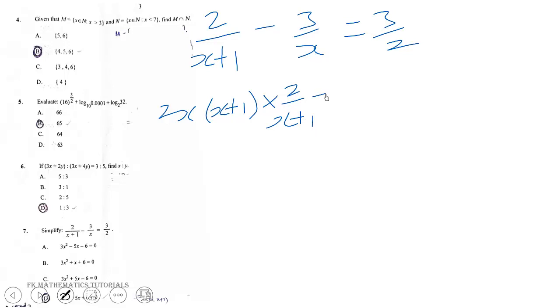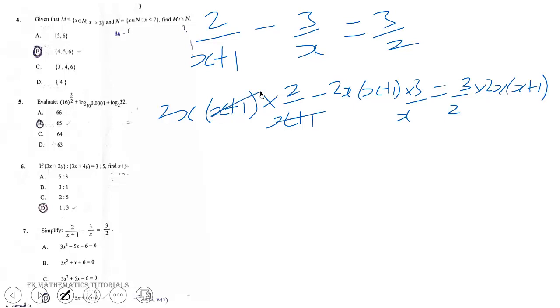Then we have minus 2x, x plus 1 times 3 over x. Then is equal to 3 over 2 times 2x into bracket x plus 1. So this will get rid of this, this will get rid of this, this will get rid of this.